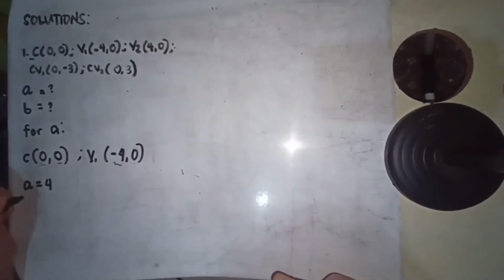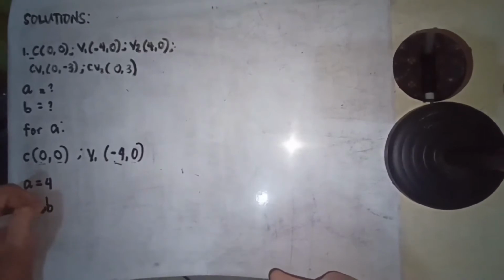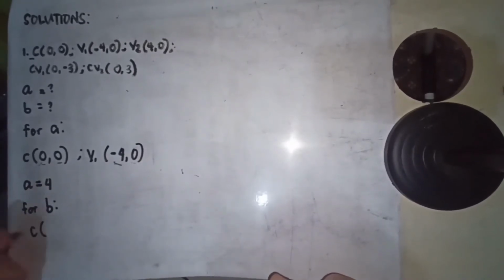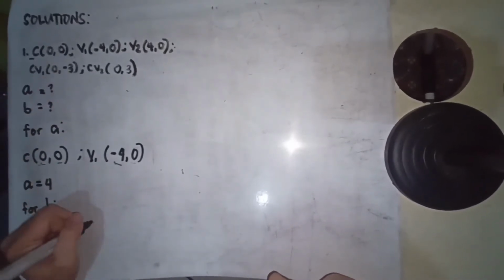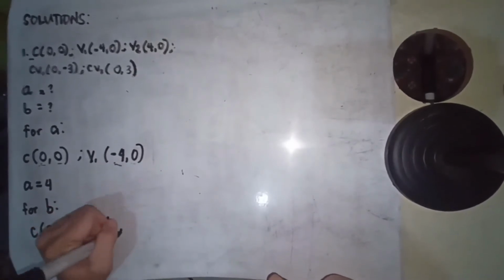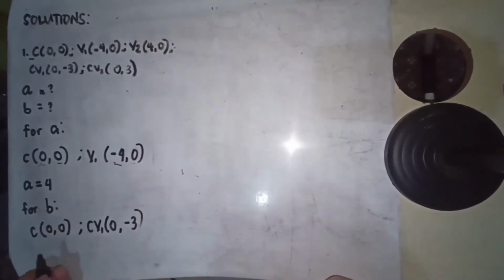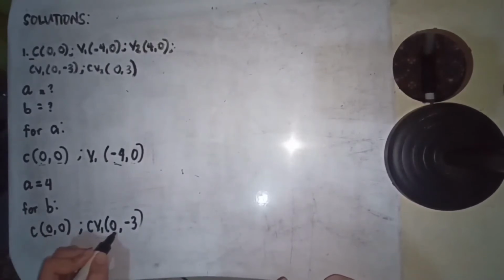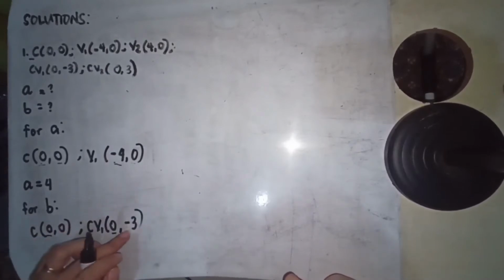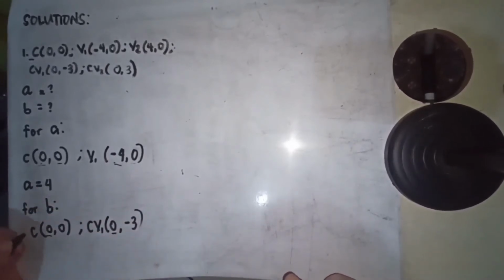Next, for our distance B, we do the same thing, but this time we use the center (0, 0) and, say, CV sub 1, which is (0, -3). The center and co-vertex have the same x coordinate, 0, so the differing coordinate is y, which is 0 and negative 3. We subtract again: 0 minus negative 3, and we have B equal to 3.